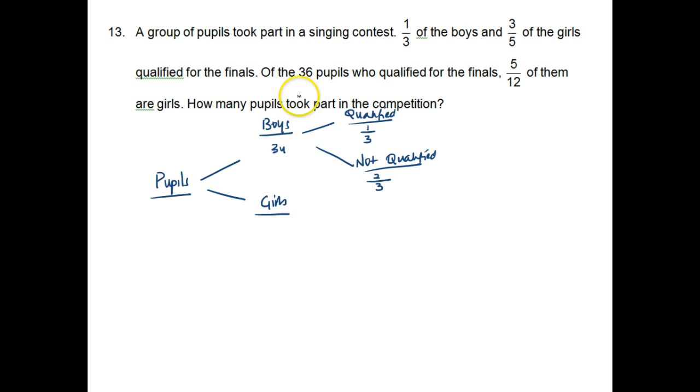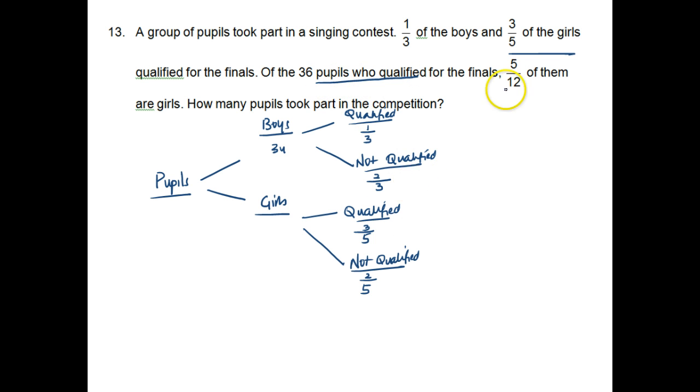The girls, 3/5 of the girls qualified. So now girls qualified, 3/5, not qualified, 2/5. Okay, of the 36 pupils who qualified, so I know that altogether there are 36 pupils who qualified.